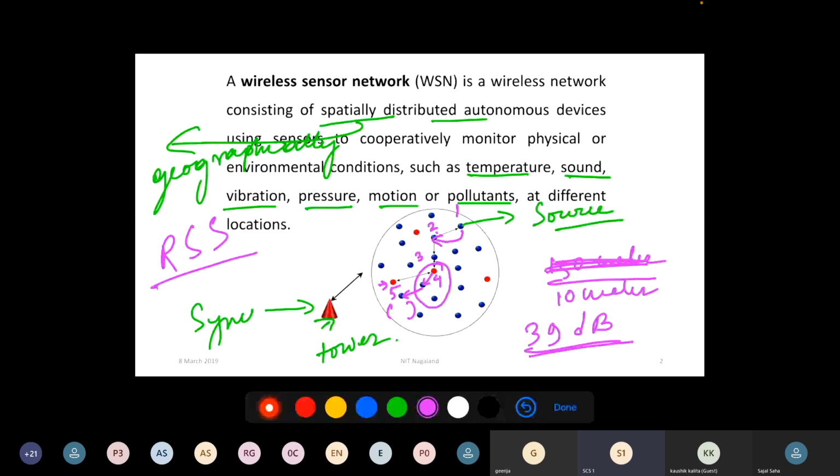Similarly, your mobile node also acts based on the received signal strength. Is this clear to you? Yes sir, clear sir.